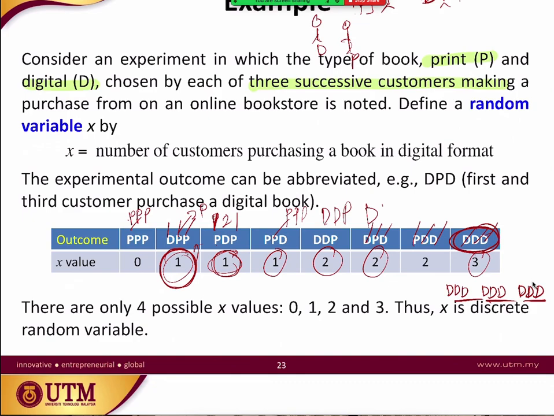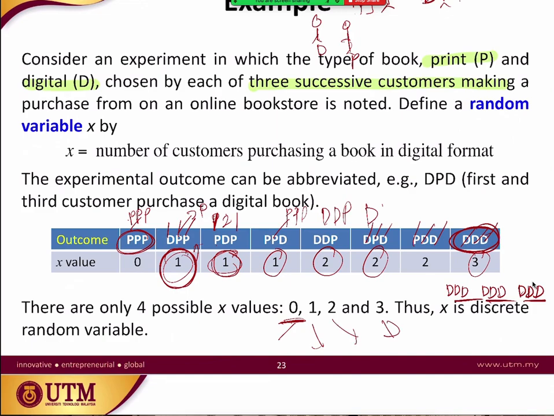Now, since the possible value of X includes 0, that means there's no pattern where all three customers buy printed books. And we also have several patterns of buying one type, with one group of customers with that pattern of buying, and then we have 2 and there's 3.